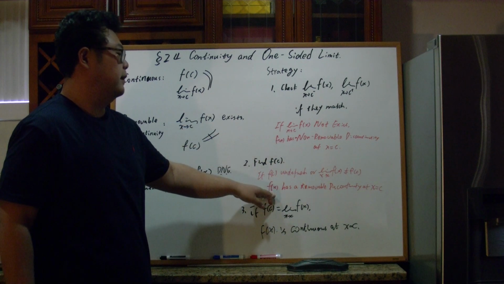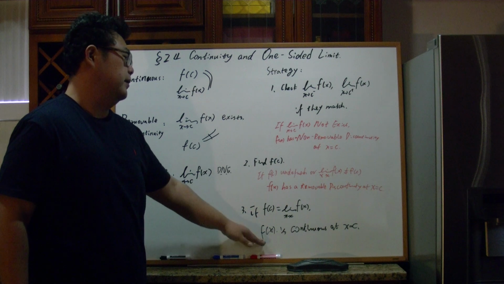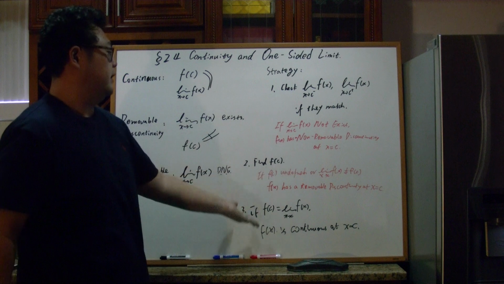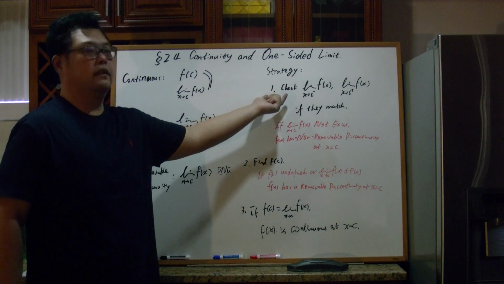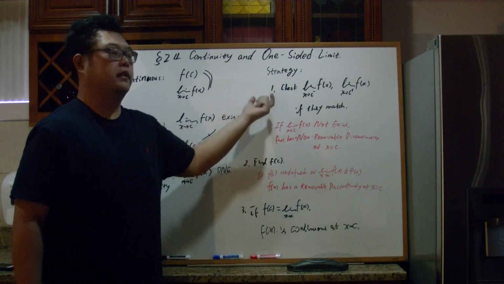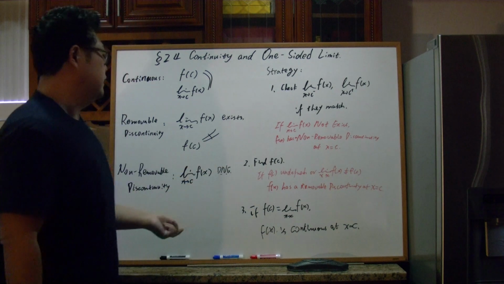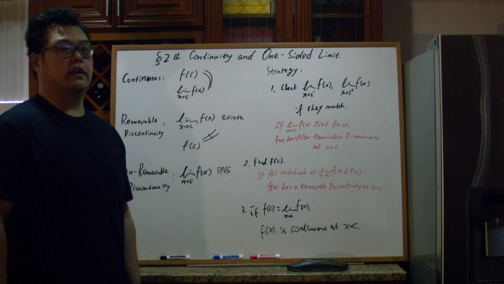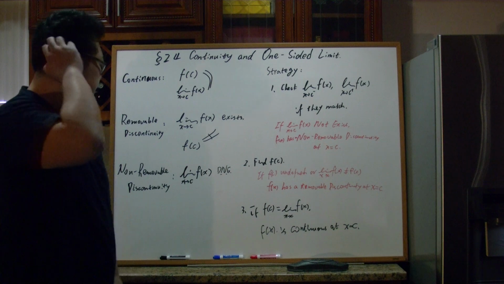If it is removable discontinuity, also stop here, and the remaining case is continuous. So for continuous, we check everything. For non-removable discontinuity, we have just one thing to check: the limit does not exist. For removable discontinuity, we have two things to check: the limit exists, but doesn't equal the function value. The third case is, if the limit exists and equals the function value, then it's continuous. So there are many things to check.